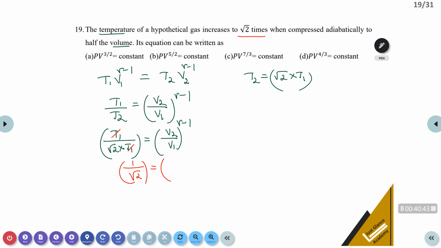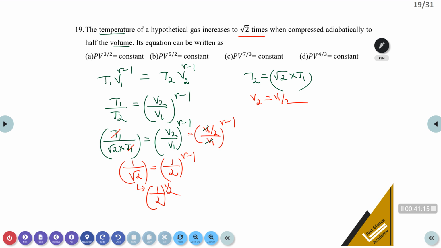compressed adiabatically to half of its volume. That means V2 equal to V1 by 2. So I can write V1 by 2 divided by V1 raised to gamma minus 1. V1 gets cancelled. What is left is 1 by 2 raised to gamma minus 1. Now can I write this term as 1 by 2 raised to half?